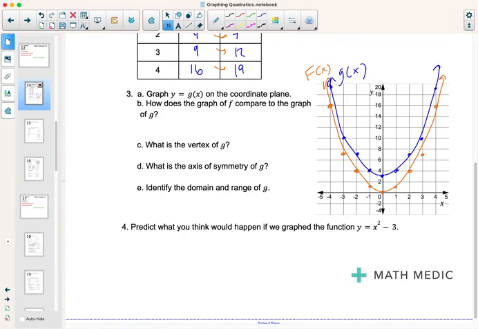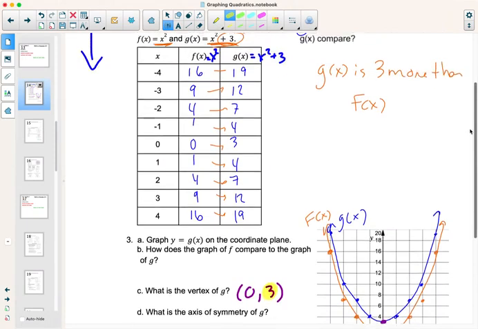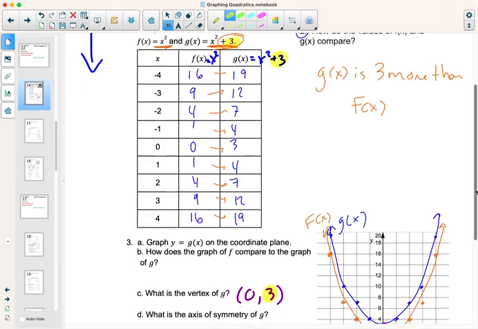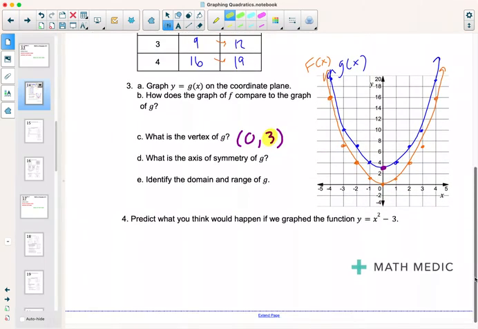What's the vertex of g of x? Of course, that's this point right here. It's at 0, 3. We have seen this 3 before. It's this 3 right there. Not a coincidence. All right, what's the axis of symmetry? Remember, that's an equation.